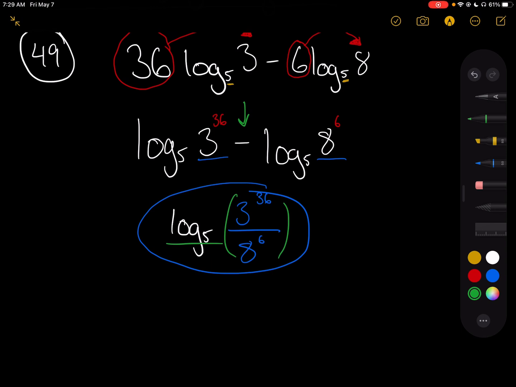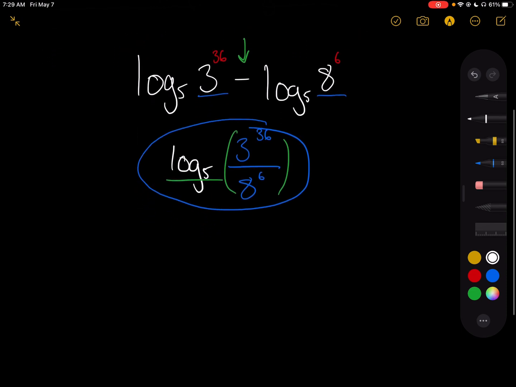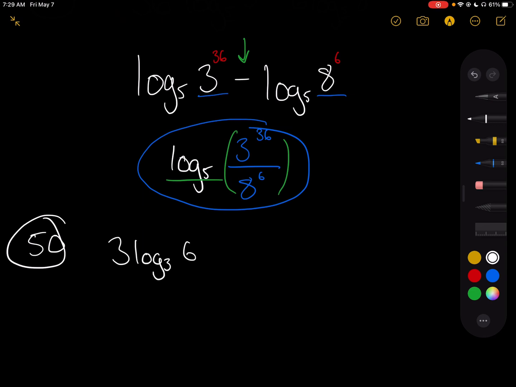Right? I also want to look at 50 just so you can see an example of multiplication, but it's a very similar process, right? So this is number 50, which would be 3 log base 3 of 6 plus 3 log base 3 of 5.